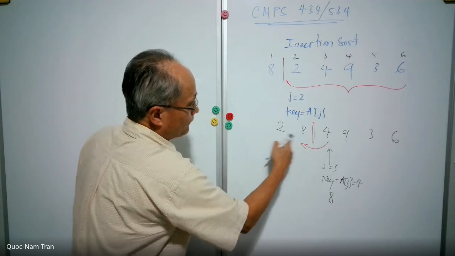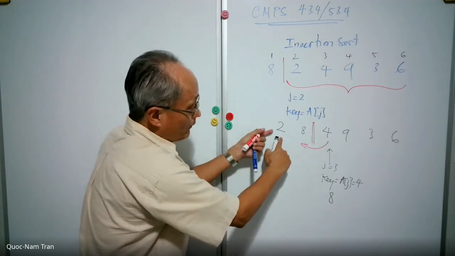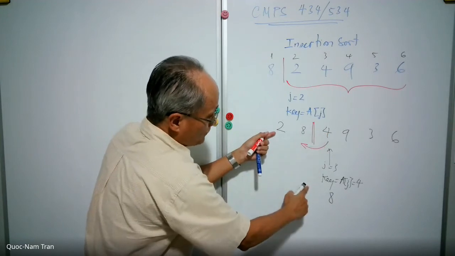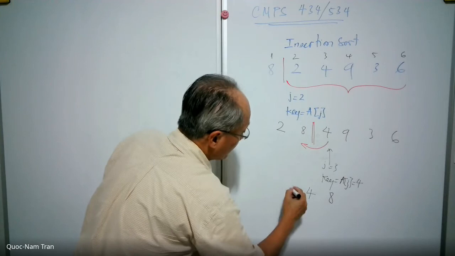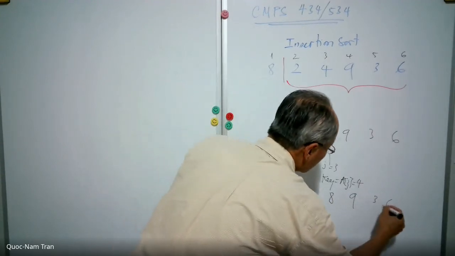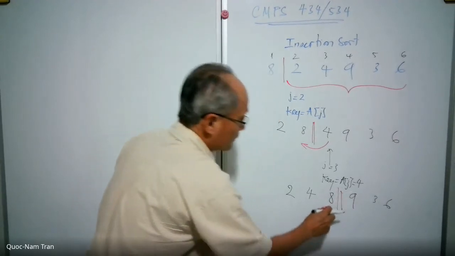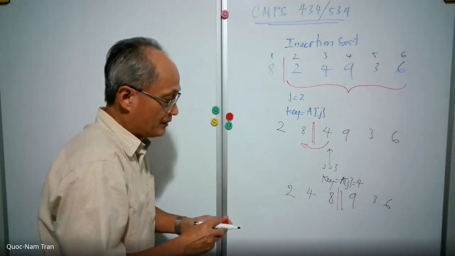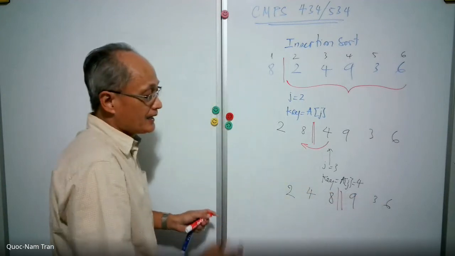Okay, go to the next. It's smaller, so we don't do anything. So we write 4 to the place where we just moved it out. 2, and now we have 9, 3, 6. Now in the sorted part we have 3 elements, and the unsorted part has 3, right?